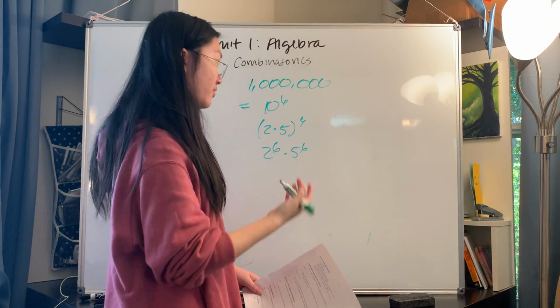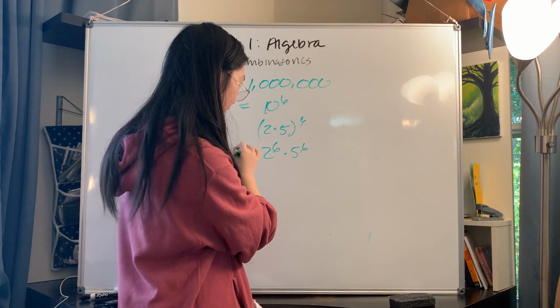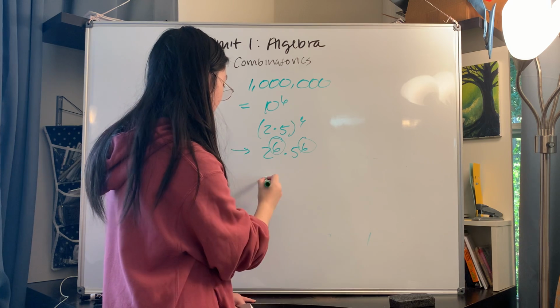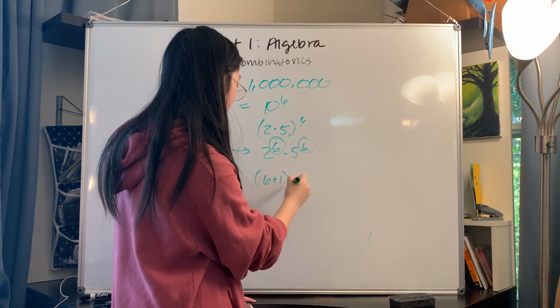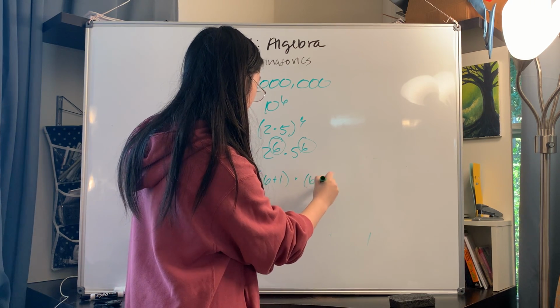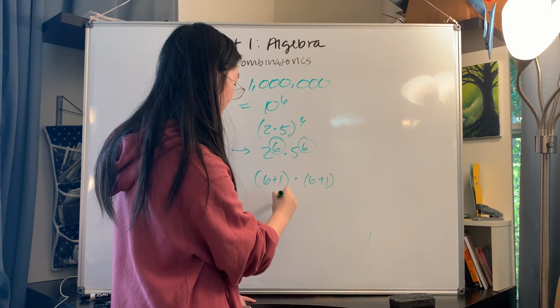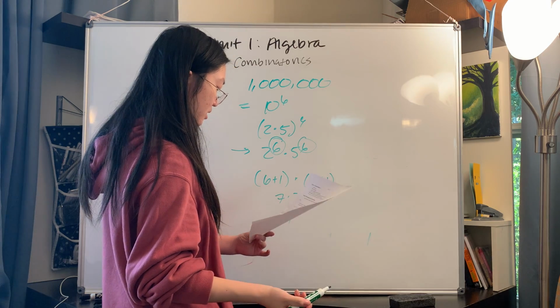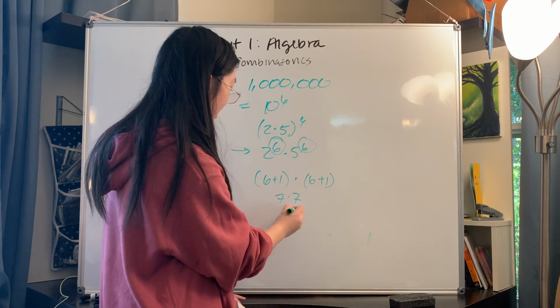Using what we learned before, our exponents are 6 and 6. So 6 plus 1 times 6 plus 1 is equal to 7 times 7, which is equal to 49. So 1 million has 49 divisors.